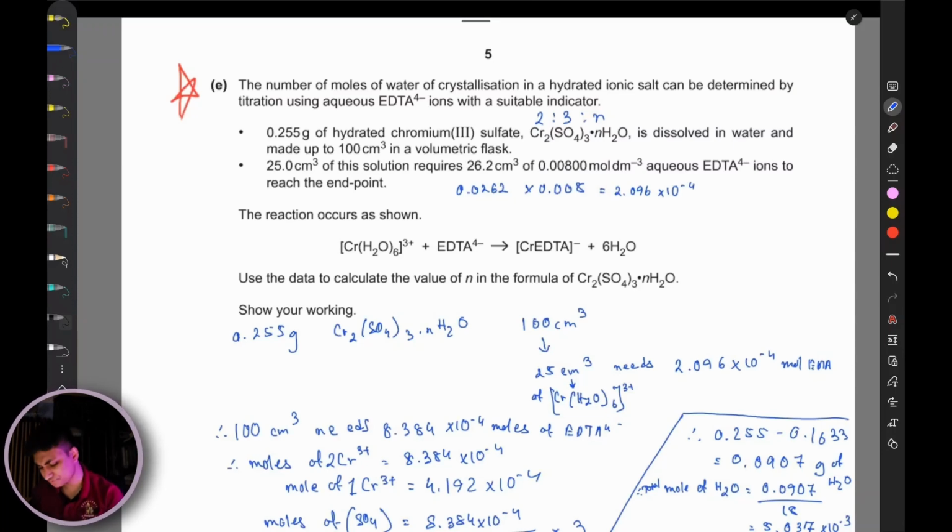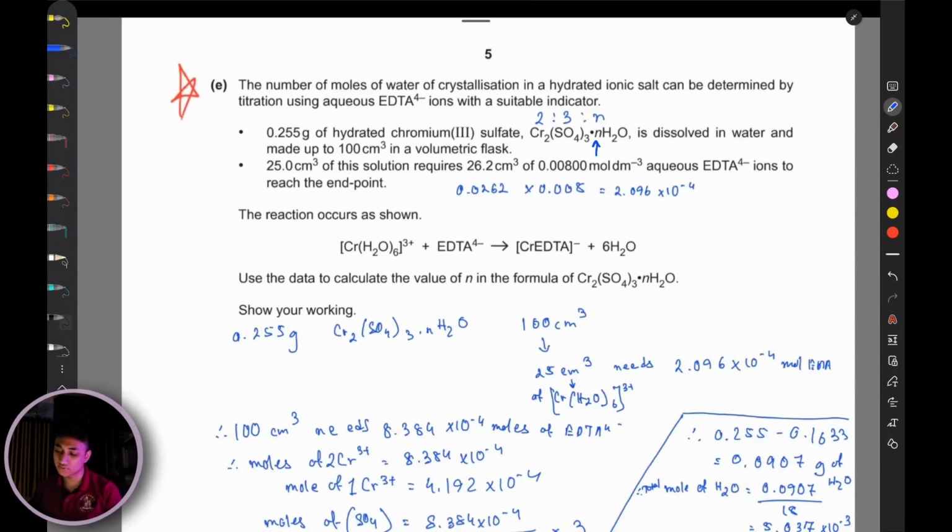So how much of the hydrated chromium sulfate salt do you have? You have 0.255 grams of hydrated chromium sulfate salt. Fair enough. And this is the formula of your salt: chromium 2 sulfate 3 and n moles of H2O. Great.